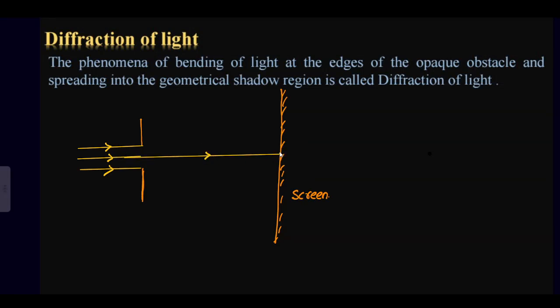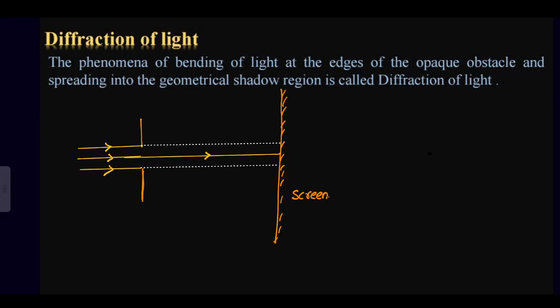Will hit here. But this light ray which is at the edge of the obstacle, what we expect is that it will simply go straight and reach here, isn't it? And this light ray will also go like this straight away and hit here.